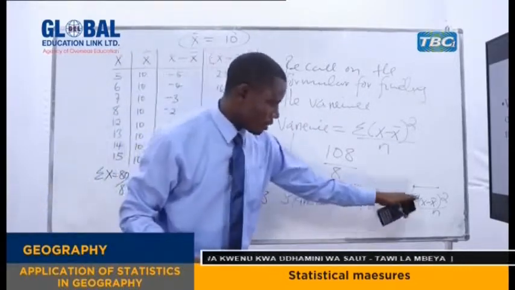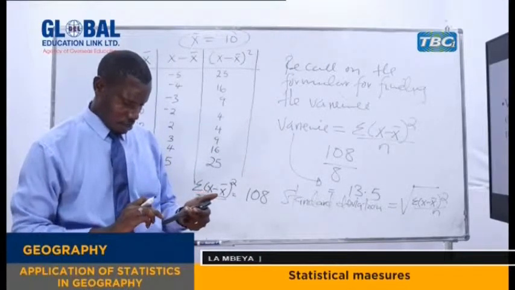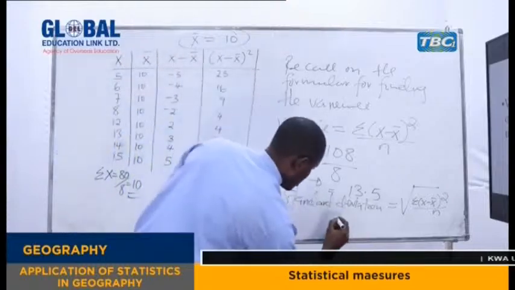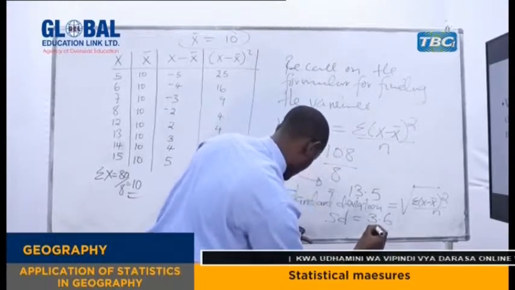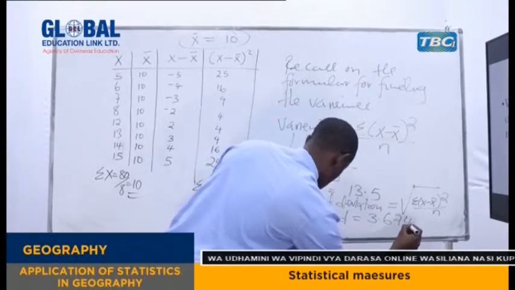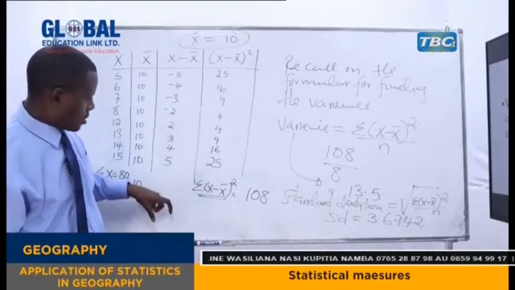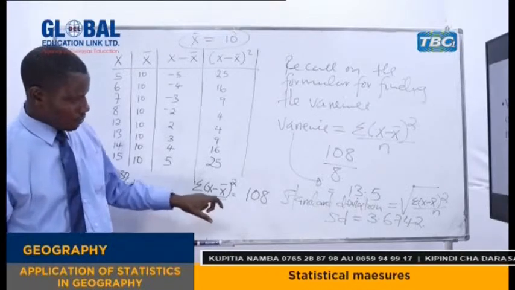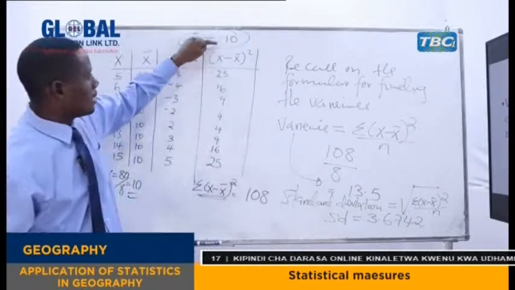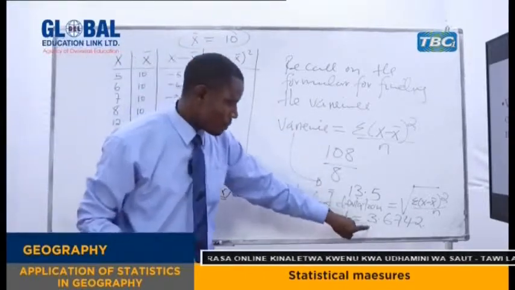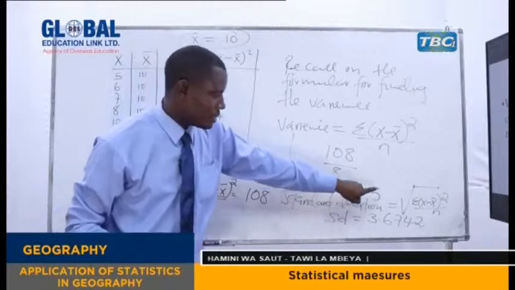If we take the square root of 13.5, we come up with a standard deviation of 3.6742. So that is the end of the solving. You can cross-check: the mean is 10, the standard deviation is 3.6742, and the variance is 13.5.